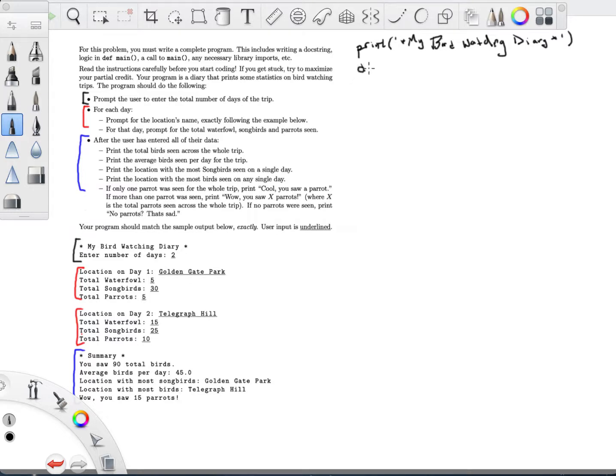I'm going to say it's days equals int input, and then there is a given prompt. Enter number of days.